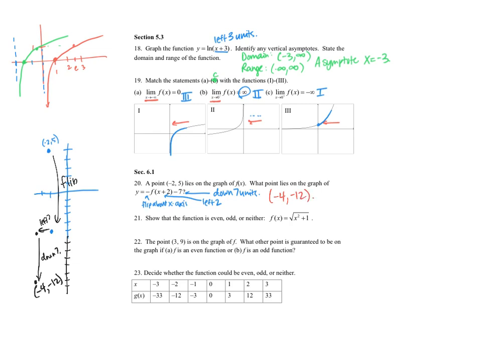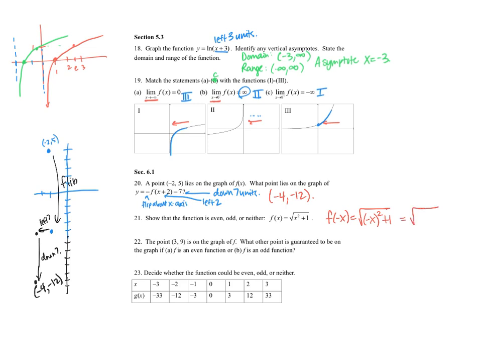Show that the function is even, odd, or neither. Okay, so to determine if a function is even, odd, or neither, I want to start by plugging in negative x. So let's see what f of negative x is. I'm going to get the square root of negative x squared plus 1. Well, when I square a negative, it's just the same as the positive.